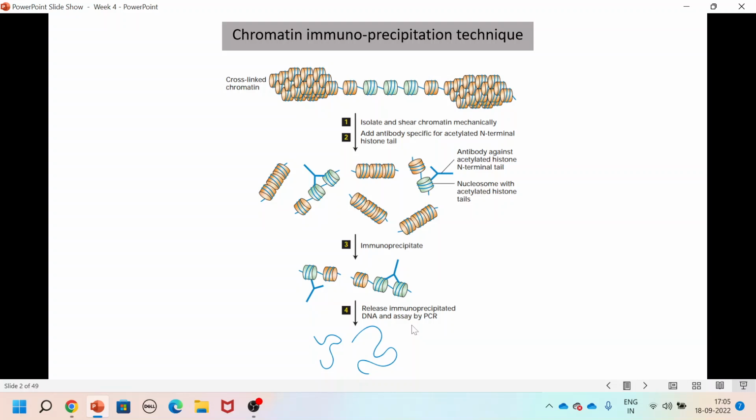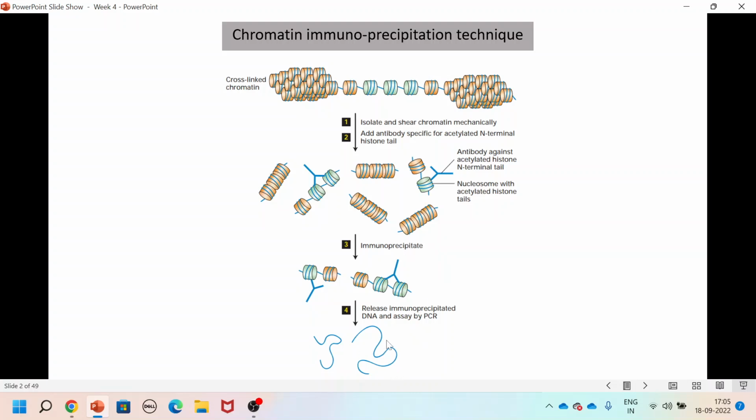Not only this, we can use antibodies against different proteins where we want to see whether these proteins are interacting with the DNA or not, and which regions of the DNA these proteins are interacting with. For example, if you want to see a transcription factor or the binding sites for enhancers or repressors, we can have antibodies specific for those and immunoprecipitate our DNA.